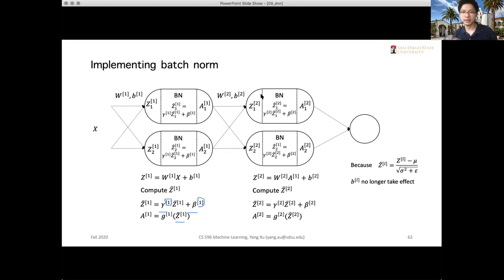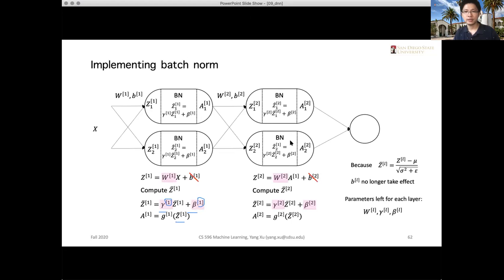So the bias terms, the b's for each layer, actually no longer have any effect, because the bias term is an additive term to each Z. But since the Z's will be centralized around zero, the mean values are subtracted, so the bias terms will no longer take effect.